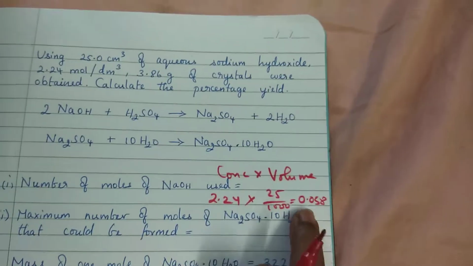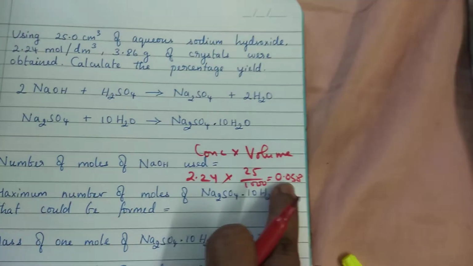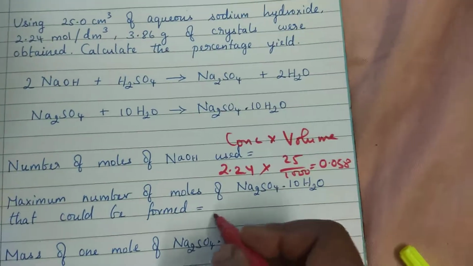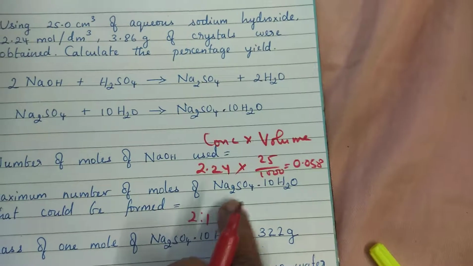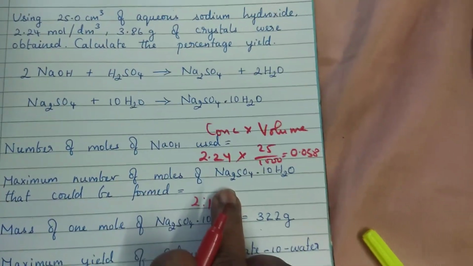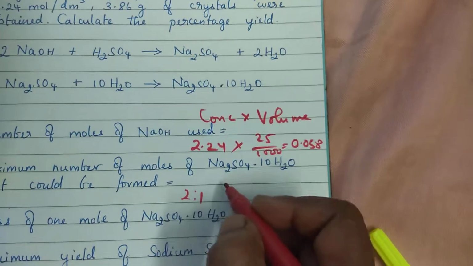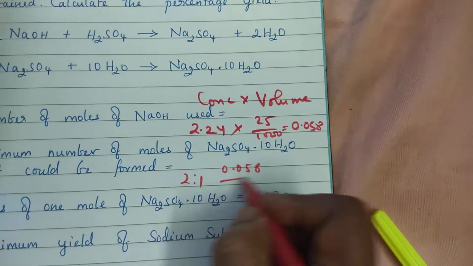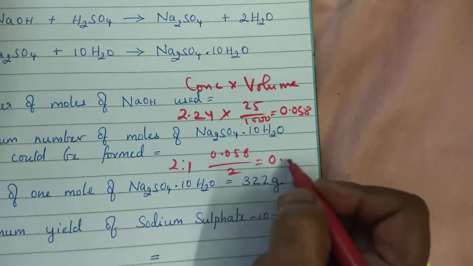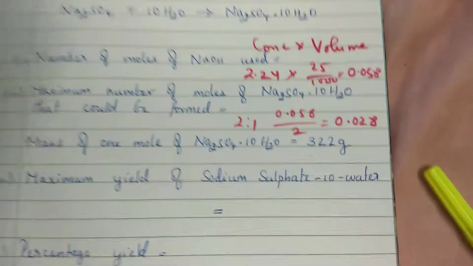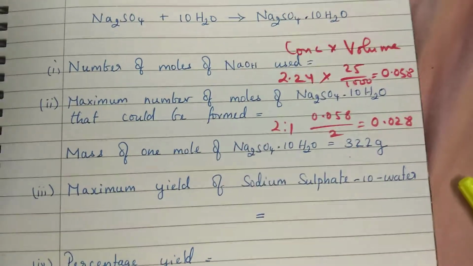That means the ratio is 2:1, so this divided by 2 will give you the value of Na2SO4. That is 0.058 by 2, which will give you 0.028. So this is the moles of hydrated sodium sulfate.